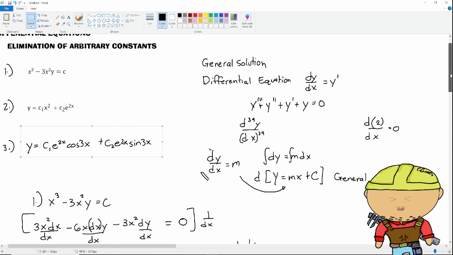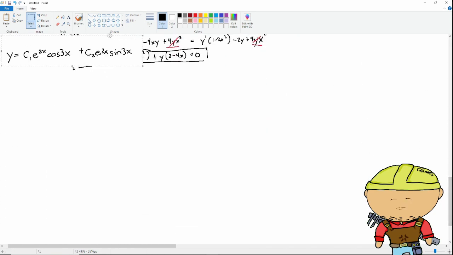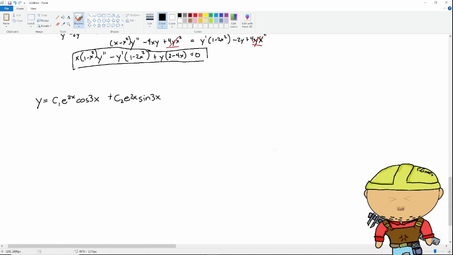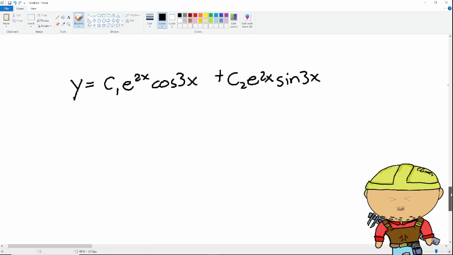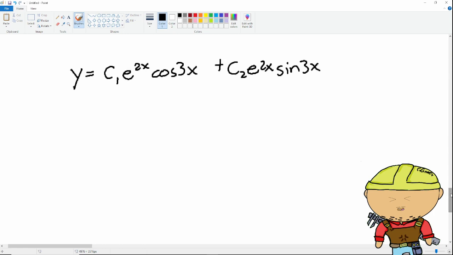For our third problem, I can see this is a lot more complex. It has e to the 2x and cosine 3x. There are two arbitrary constants. Proceeding as follows, we differentiate the equation with two arbitrary constants twice, because there are two arbitrary constants. So this will become y prime and y double prime.